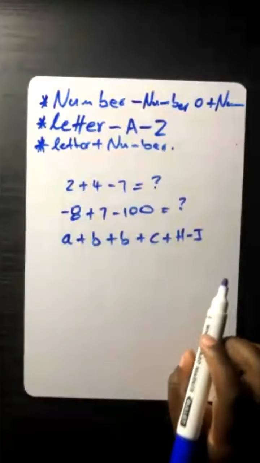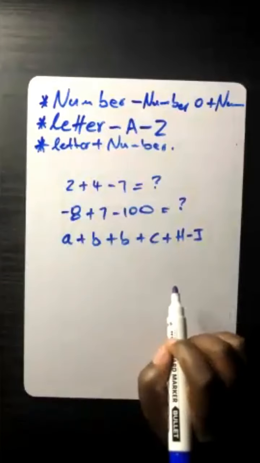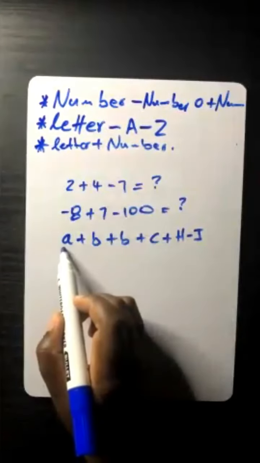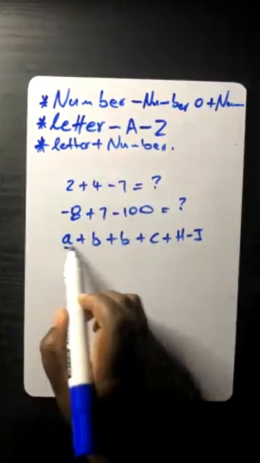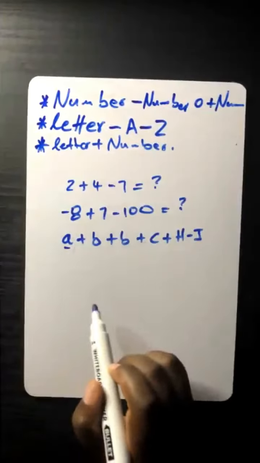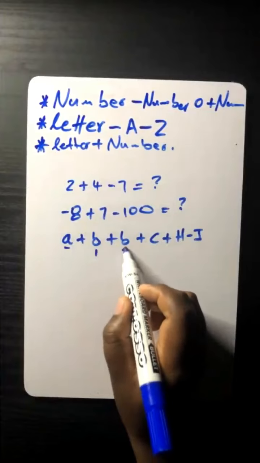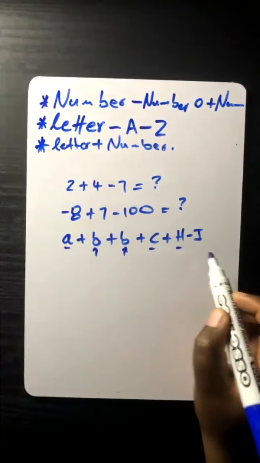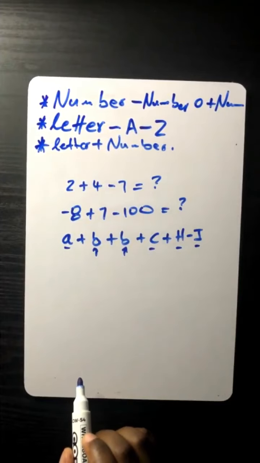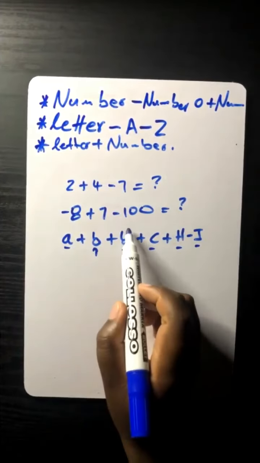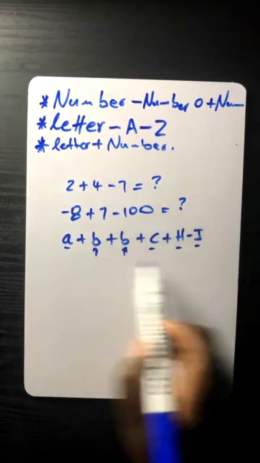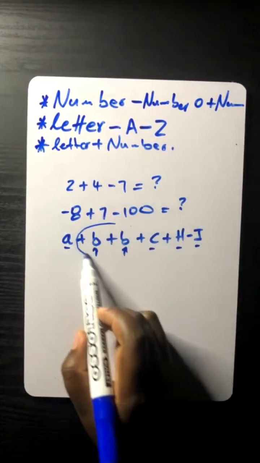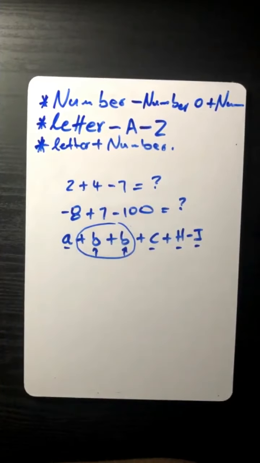What you need to do is to check the like terms. How many A's do you have? Obviously, you've got 1. How many B's do you have? You've got 1, 2 over there. How many C's have you got? It's just that one. H is just that one. J is just that one. Then when you work out that expression, you are only concentrating on those 2 B's.